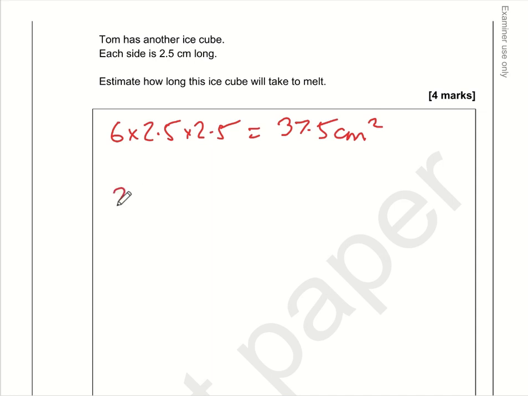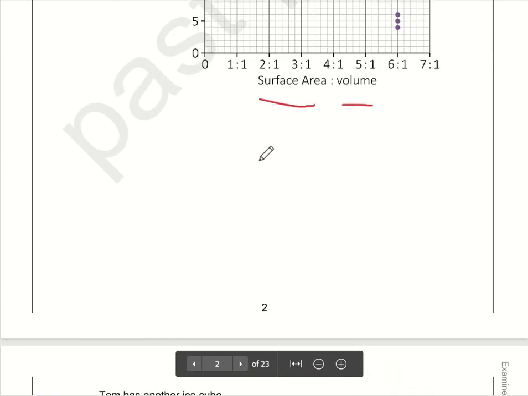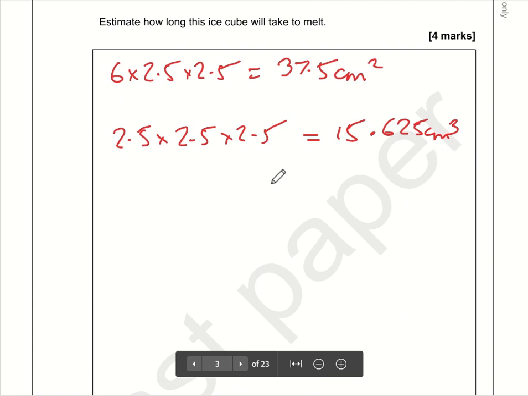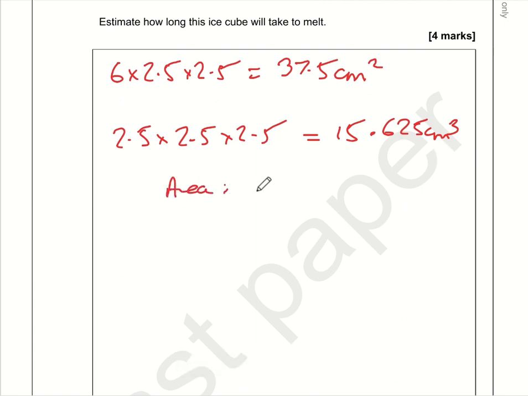Its volume is going to be 2.5 times 2.5 times 2.5, and that comes to 15.625 cubic centimetres. So the ratio is area to volume, so surface area to volume is 37.5 to 15.625.